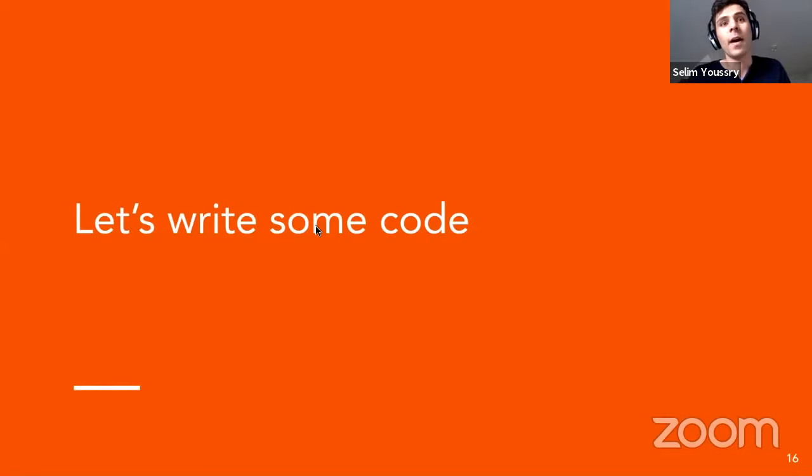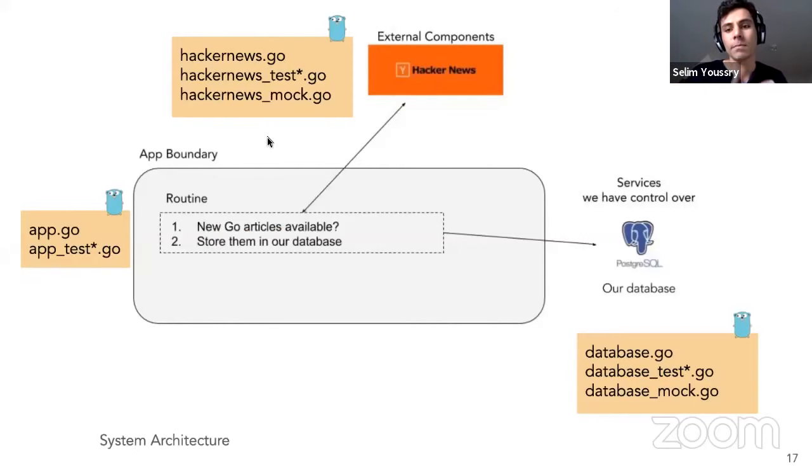So let's write some code. Let's try to implement this with a test-driven approach. First of all, system architecture as well as code layout. That's not necessarily a standard in the Go community, just a way I typically like to do things. I like to prefix the app, the external components, and each service with their name. So app.go and app test, everything starting with app would be prefixed by app.